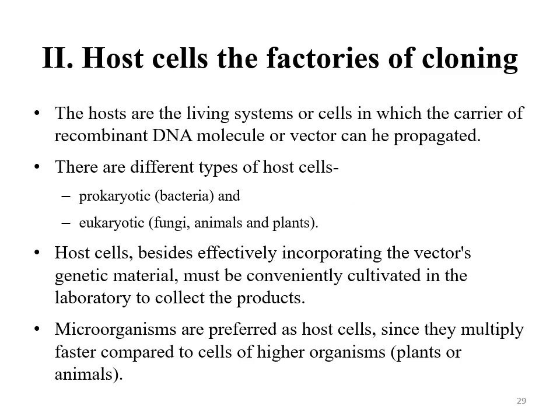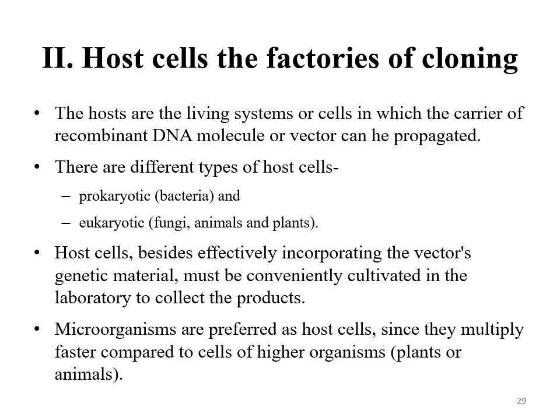Now, the next important tool for recombinant DNA technology is the host cell. Host cells are basically the factories of cloning, and these are the living systems or cells in which the carrier of the recombinant DNA molecule, or the vector, can be propagated or replicated. There are different types of host cells. For example, these can be prokaryotic cells or eukaryotic cells.